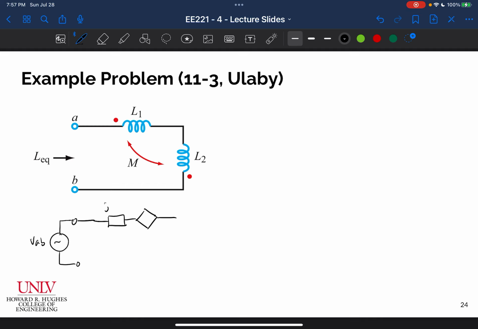So this is J omega L1. And then we're going to have our other inductor, J omega L2, and that one's also going to have some induced voltage due to the current flowing in L1. And I'll just have to draw this a little bit lower to complete the circuit here.